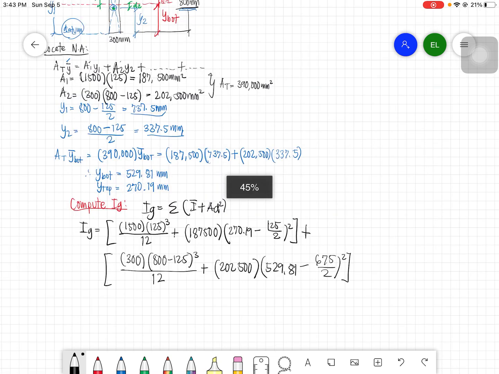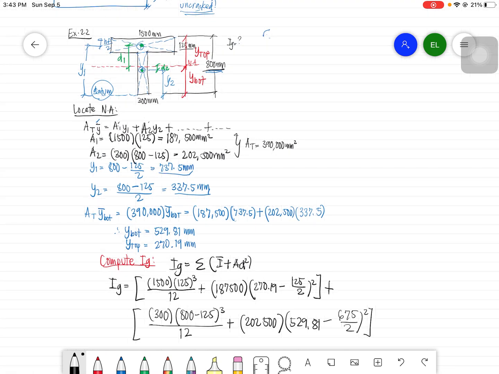Okay, so again, just simply look at the figure, guys, as I mentioned. So you have y bottom here, then just simply deduct the half of the y2. This portion here is the 675 mm, so divided by 2.